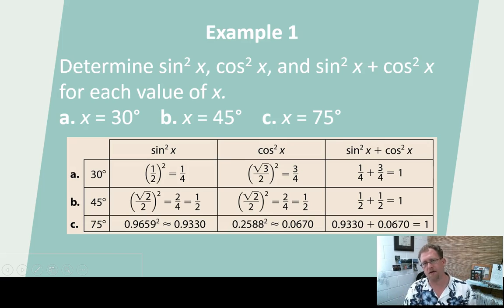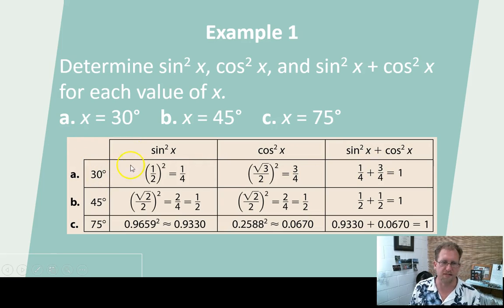Here's your first trigonometric identity. For sine squared x and cosine squared x, we're going to get those values for 30, 45, and 75 degrees. And then when you add them together, you're going to see that always sine squared x plus cosine squared x equals 1. That is our first trigonometric identity, and we're going to demonstrate it to you.